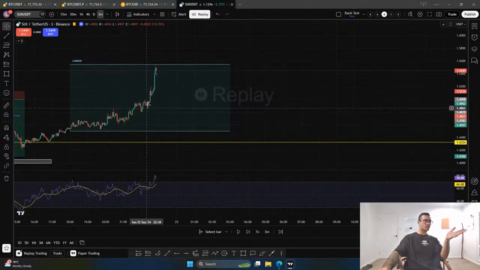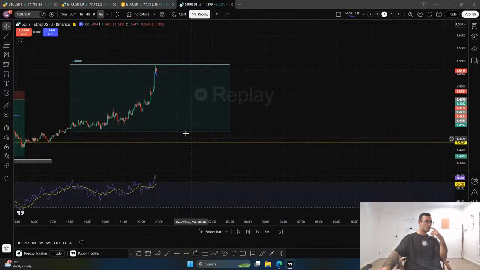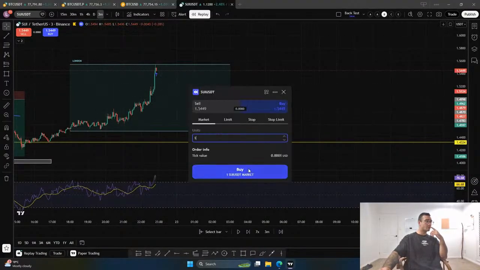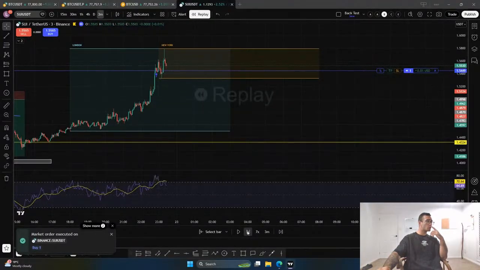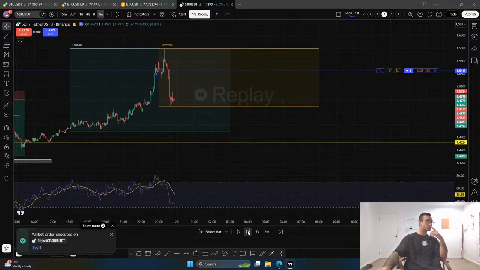Look at that beautiful candle though. Look at that beautiful order block too. You can literally buy right here and it would go up. But you got greedy again.